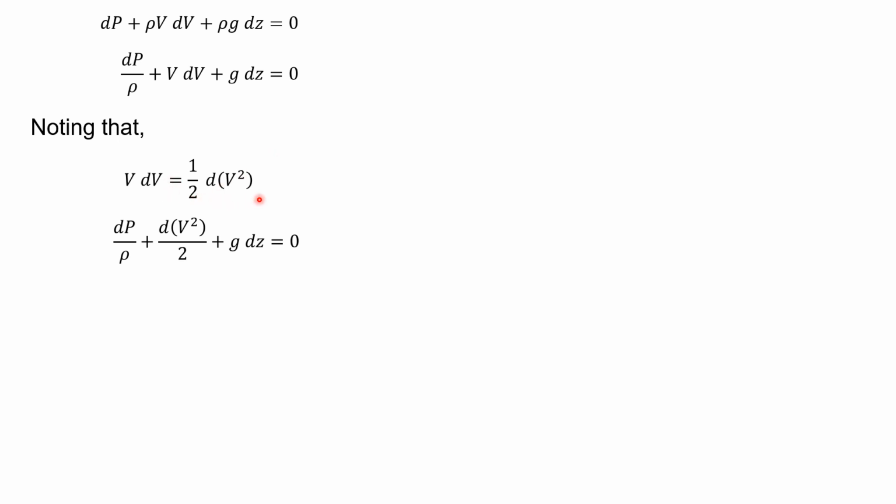Okay, so dv square. So this part is for this. So we know we just replace it with this. So you take this and put here. So we will get this formula.